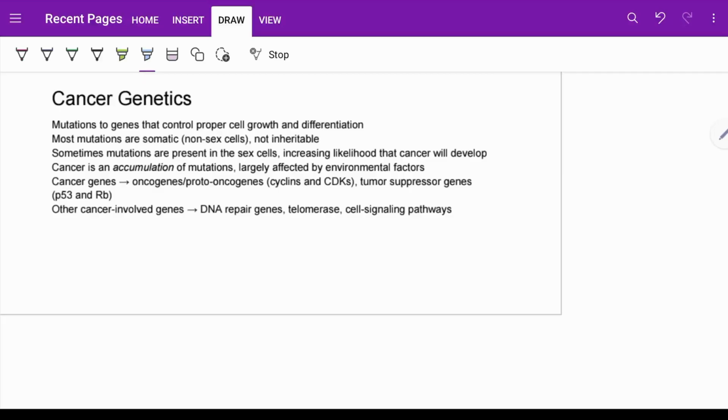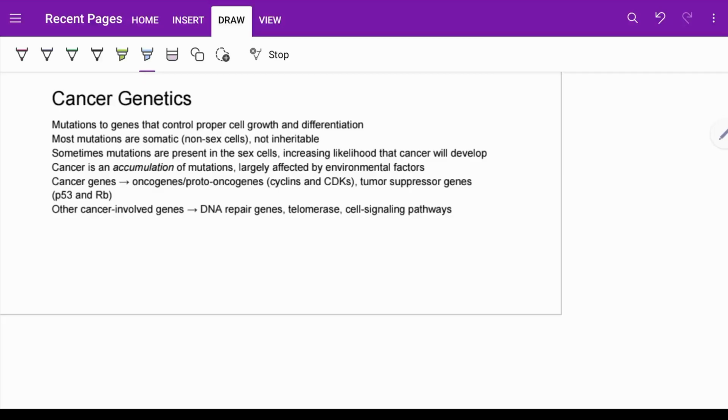Cancer genes like oncogenes or proto-oncogenes, such as cyclins or CDKs, and tumor suppressor genes are affected. If a tumor suppressor gene is broken, so it's no longer suppressing tumors, then the cell may create a tumor because that gene is now broken.